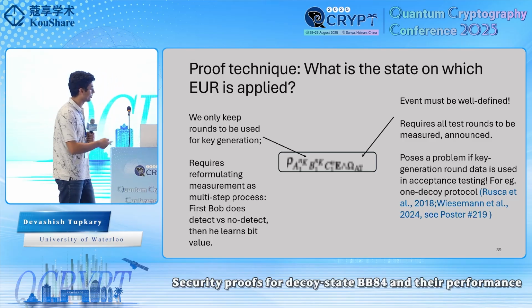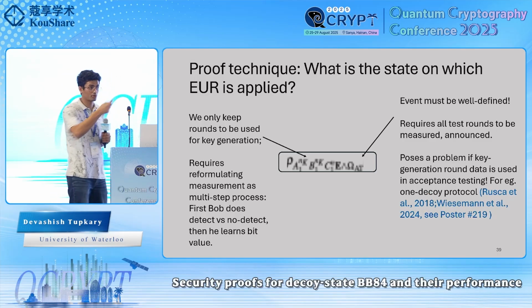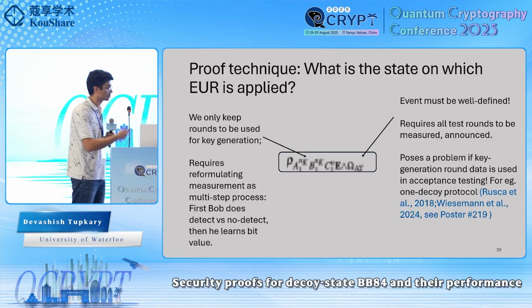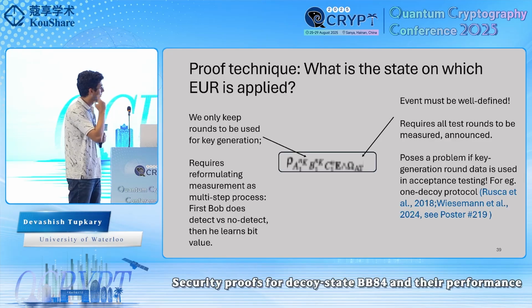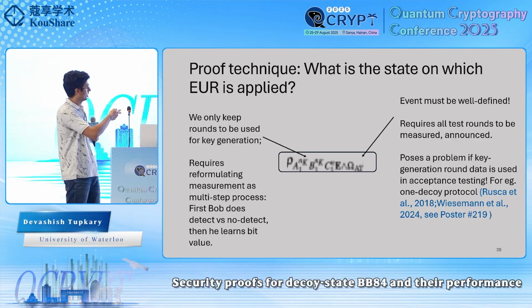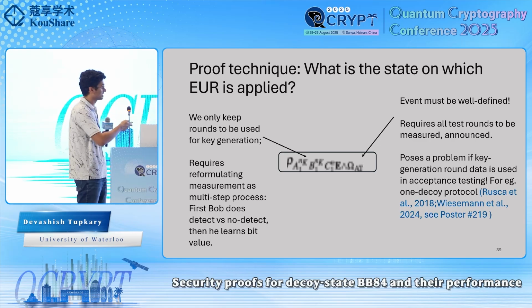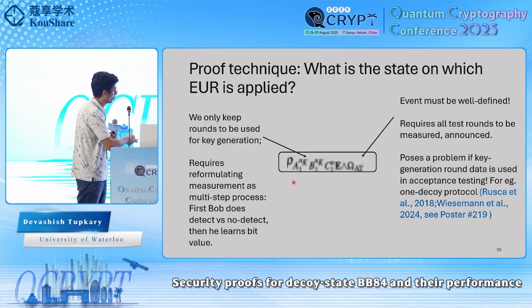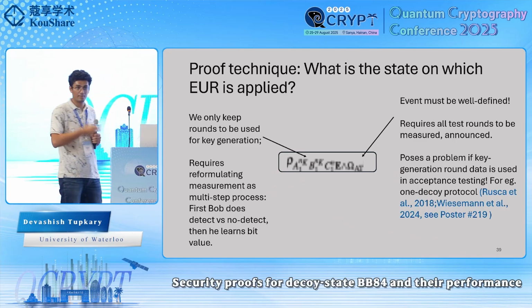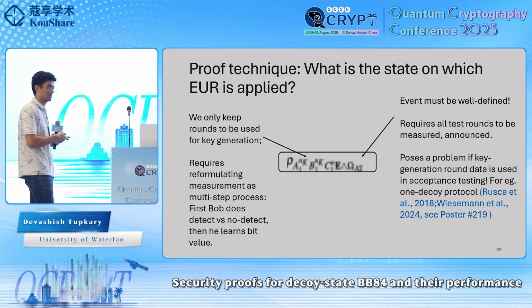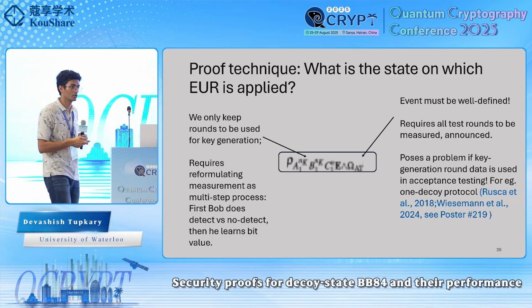This is a problem that shows up, for instance, in the one decoy protocol, and there are methods to solve it. You can look at poster 219 by Jerome, who is here. But the point is that in order to use this technique, you have to first write down what this state is. And when you choose to write this state down, you'll realize that certain things are complicated.